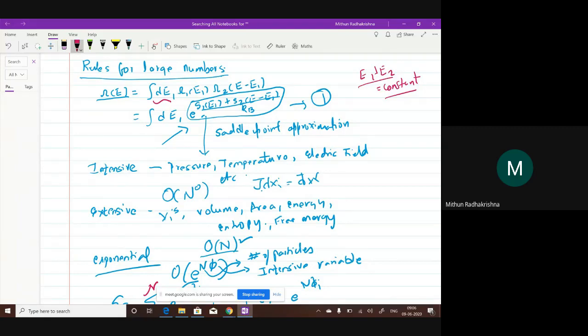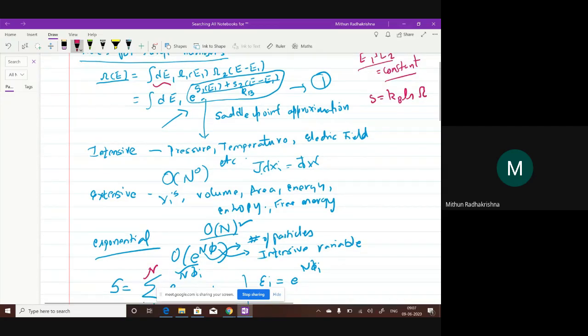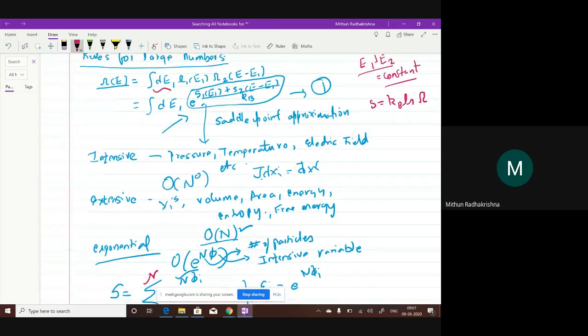And from the Boltzmann formula, I know S is kB ln omega. So that's where I've substituted. Omega is nothing but e to the power S by kB. So I get this. And now we had to integrate this. And what did we do? We said that this is an integral where in my exponential, I have a term entropy.